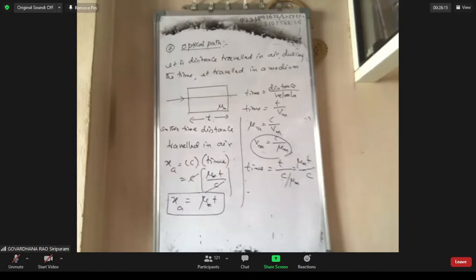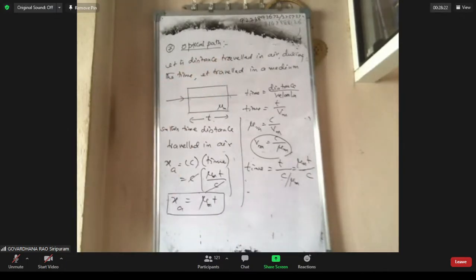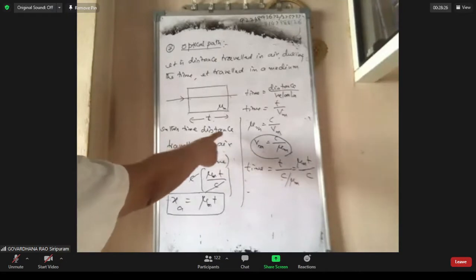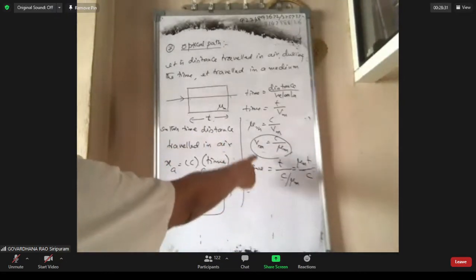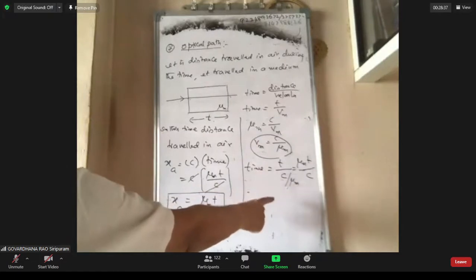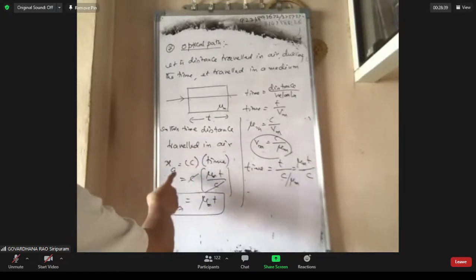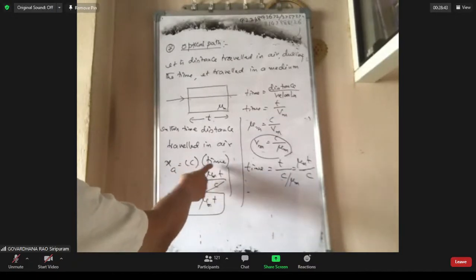Can you read that statement which you wrote under the diagram? In this time, distance traveled in air. This is the time taken by the light to travel in this medium. So in this time, what is the distance traveled in air? The distance is velocity of light in air into time.